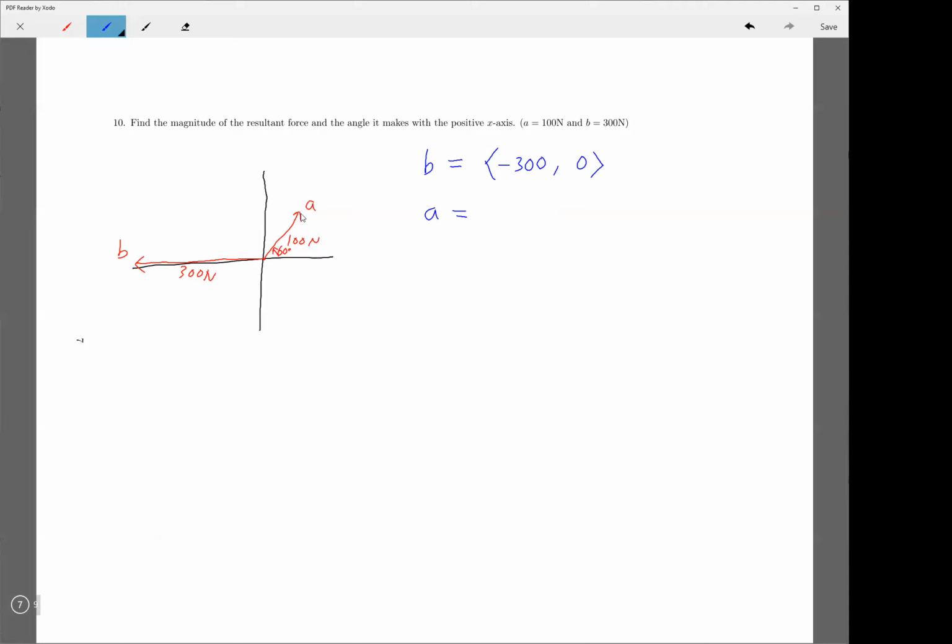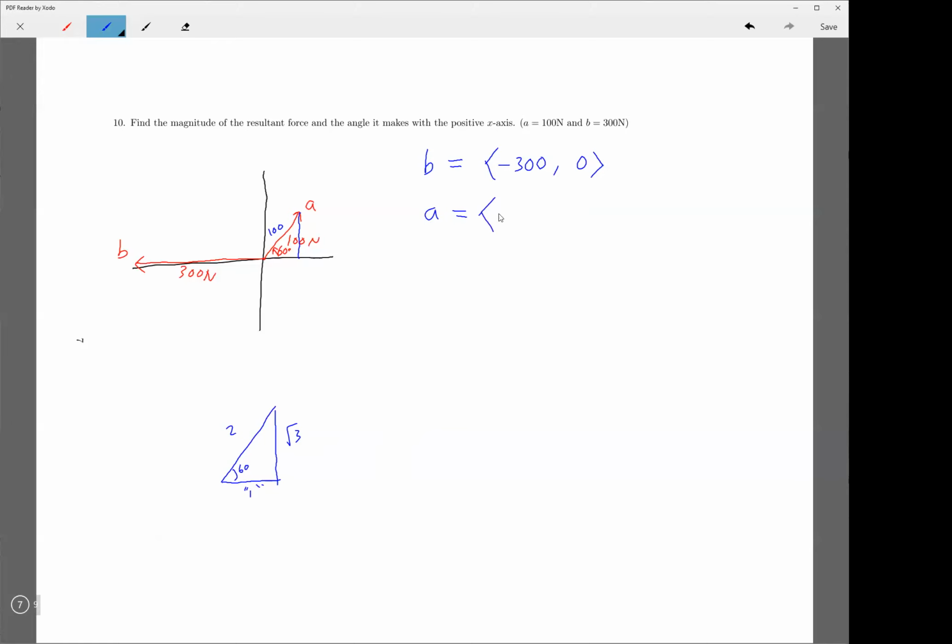Okay, so what's A going to be? Here we can complete the triangle. This is 100, and this is 60 degrees. If you have a 60-degree angle, then it's like a 1, 2, √3 triangle, right?